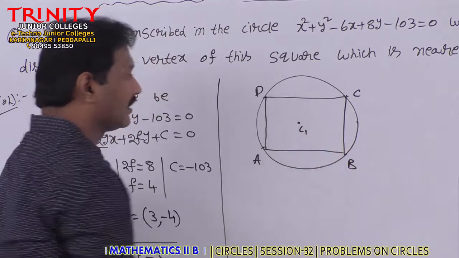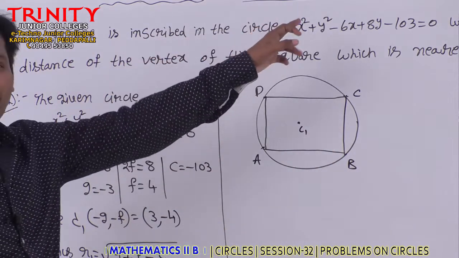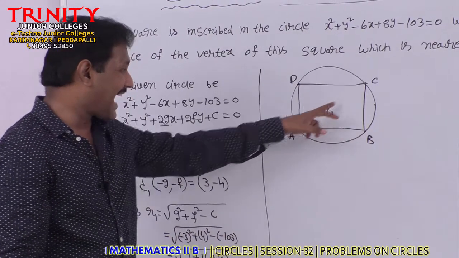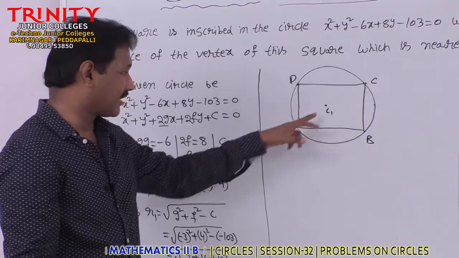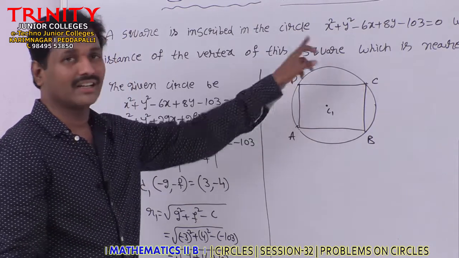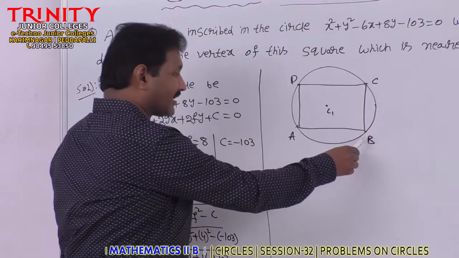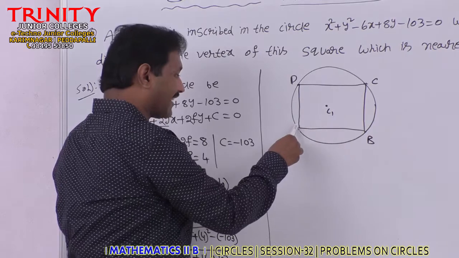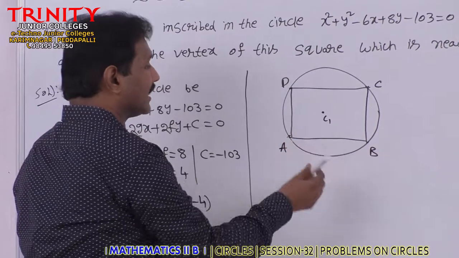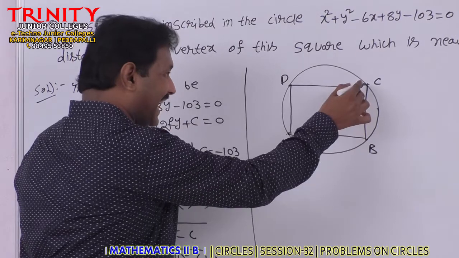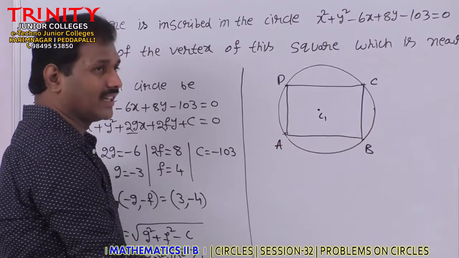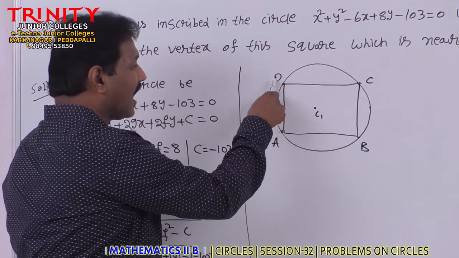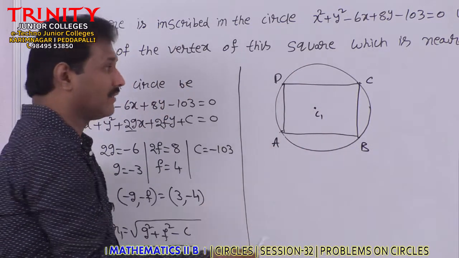We know that the square is inscribed in the circle. The point of intersection of the diagonals is the center of the circle. Indirectly, the diagonal AC is the diameter of the circle, and diagonal BD is also a diameter of the circle.